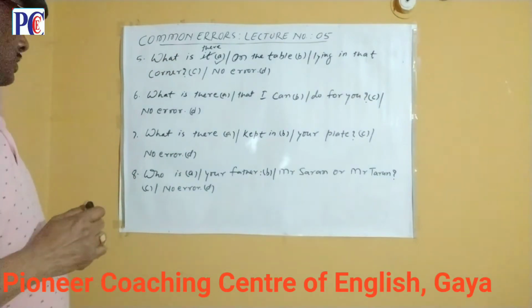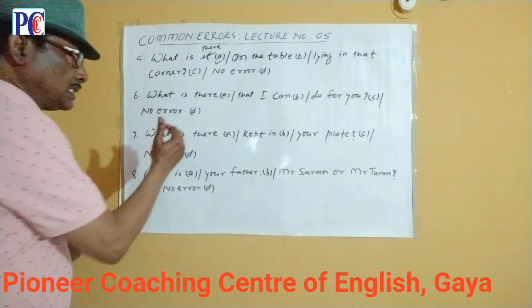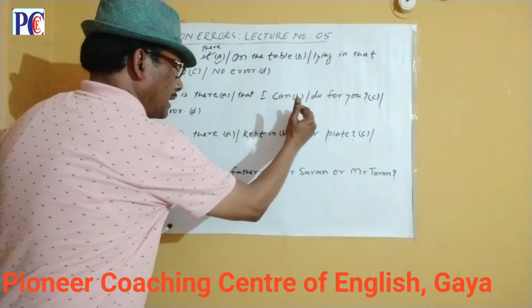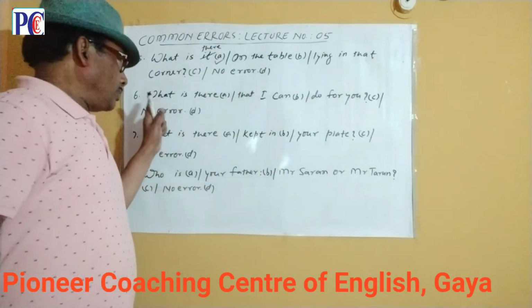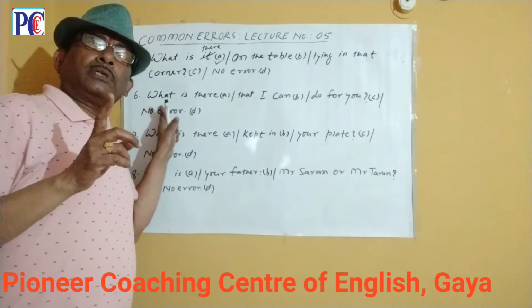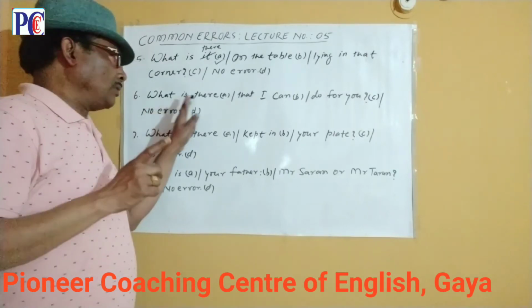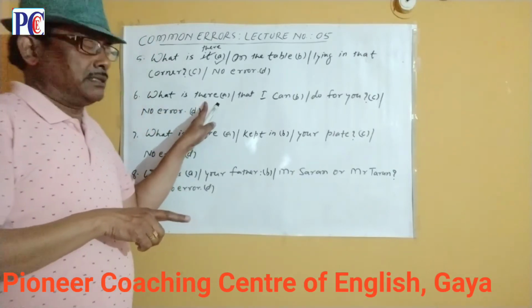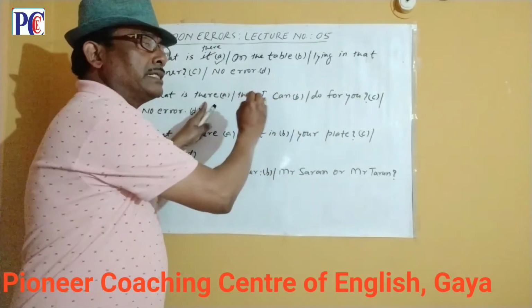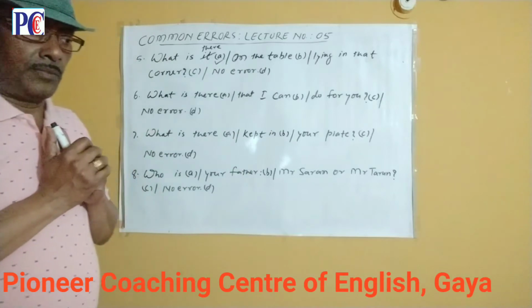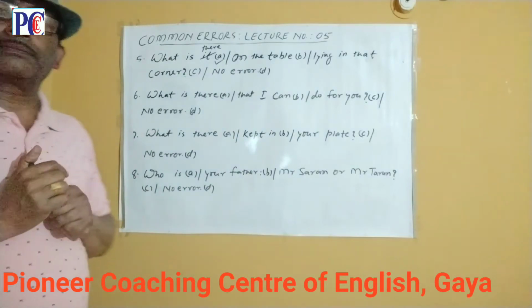In question number 6, what is there that I can do for you? Remember, the question of what without a subject word takes the dummy pronoun there, but when this there is followed by an adjective clause or an adjective phrase, it is not correct.